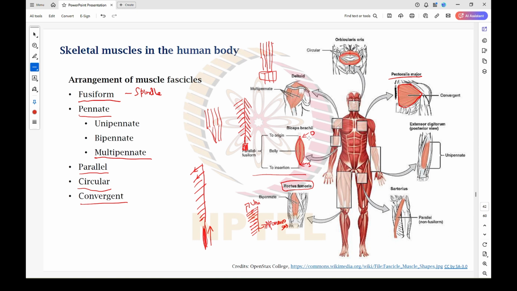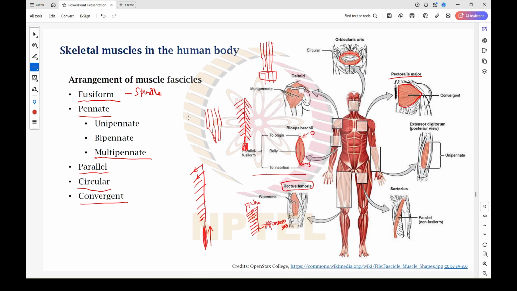This is the origin and this is the insertion, and the middle portion is called the belly. They can be parallel or spindle shaped. And there are pennate muscles. We'll come to more about that in a bit. But pennate muscles can be unipennate, bipennate, or multipennate, depending upon how many angles there are in the muscle.